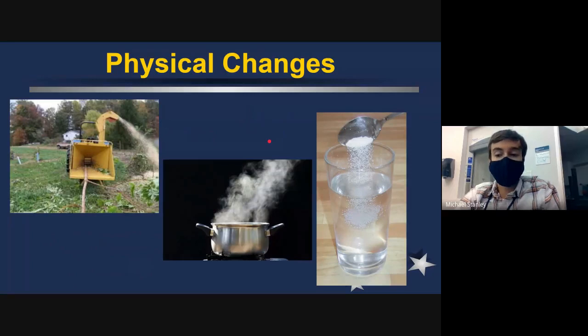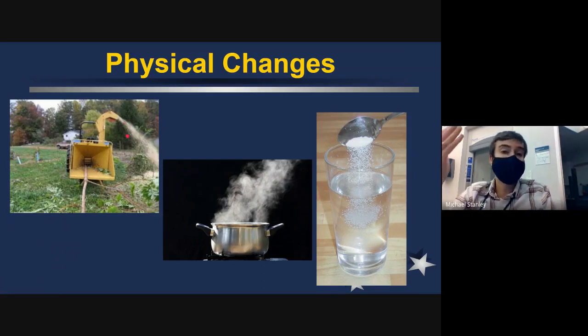So some really great examples of physical changes include putting something like this big tree limb here through a wood chipper. Because on the one side, you're getting wood and putting it in. And on the other side, you're getting wood that's coming out. It's just that this wood is a big log or a big branch or something like that. And this wood has been pulverized into millions of tiny pieces that we call sawdust.